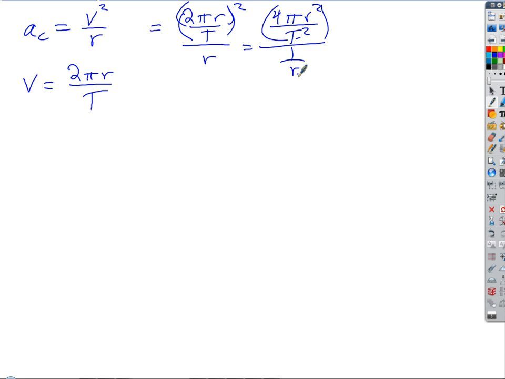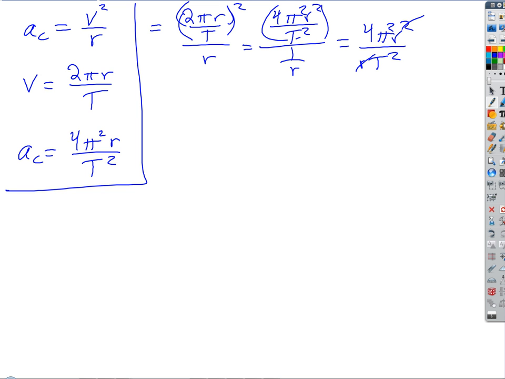So if I flip and multiply, I'll get 4 pi squared r squared over r T squared. So one of the r's cancels, right? You don't have to do all that stuff. You can just remember this if you want to, because we use it a lot. So the other way we could write it is 4 pi squared r over T squared.